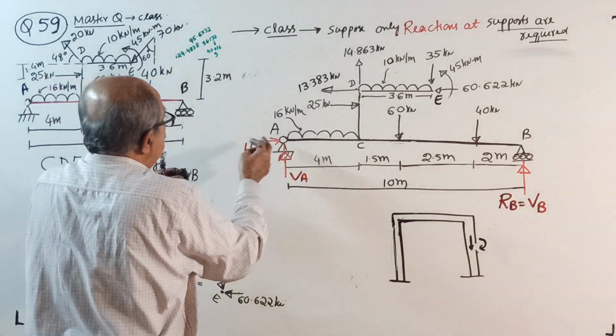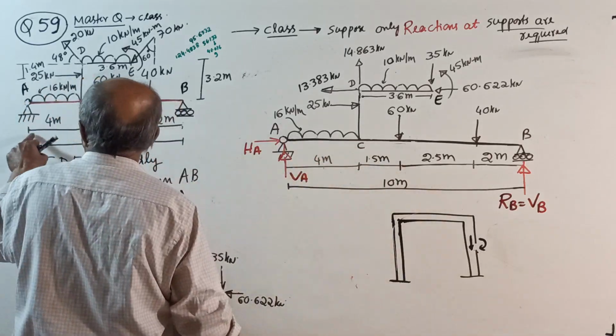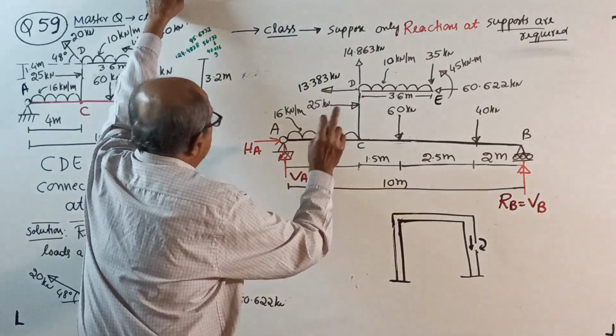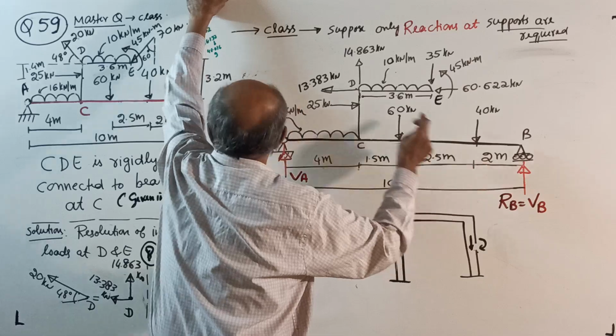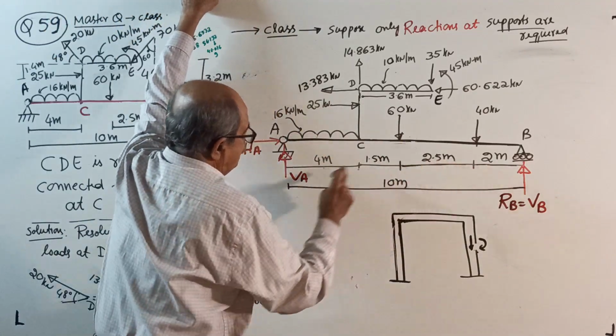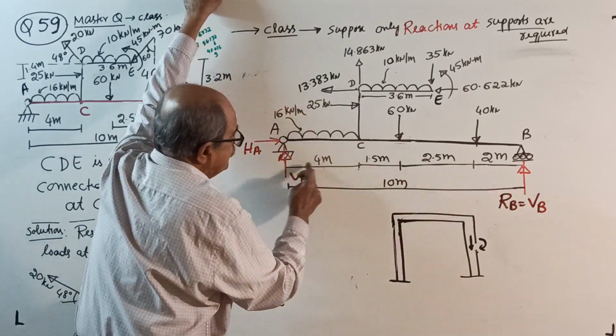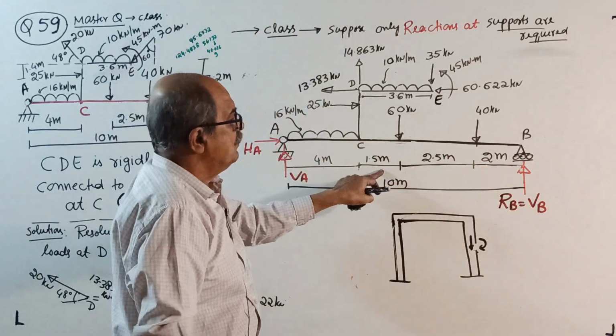Now, see. UDL, first remember, UDL from A up to C, 16 kN per meter for 4 meter. Then 40 kilonewton at 2 meter from here. 60 kilonewton at another 2.5 meter. From 10, subtract 4, subtract 2, subtract 2.5, you will get 1.5 meter.